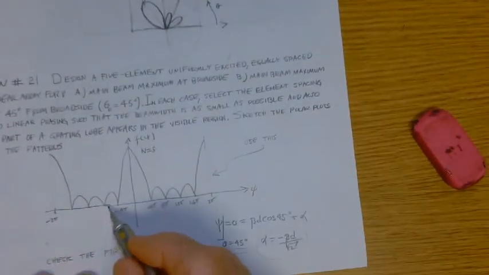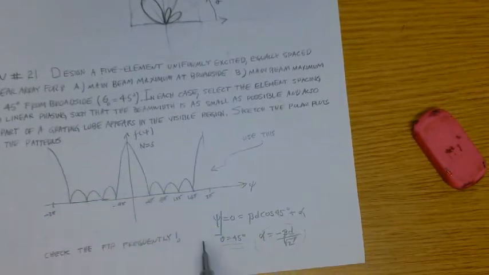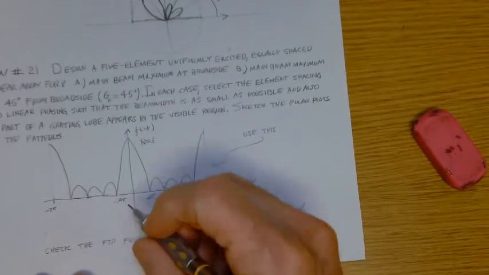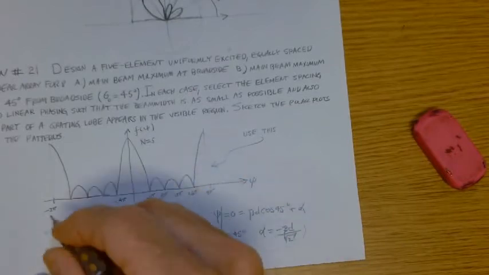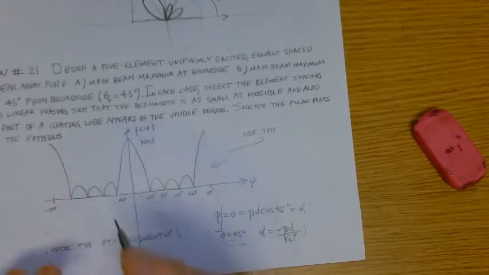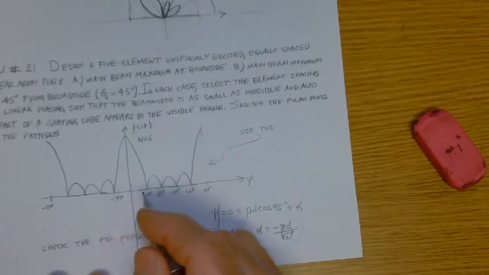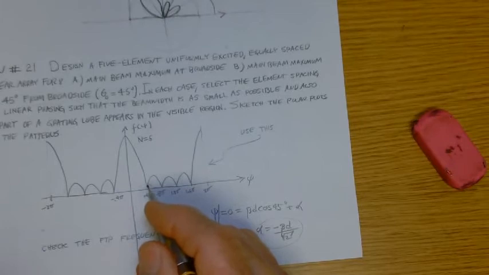Sorry, I looked at the wrong problem. This is the N equals 5 case. You're going to extend this, but you don't want to pick up any of this lobe. You want the circle radius to be as large as possible so that the main beam occupies the smallest amount of angular space possible.